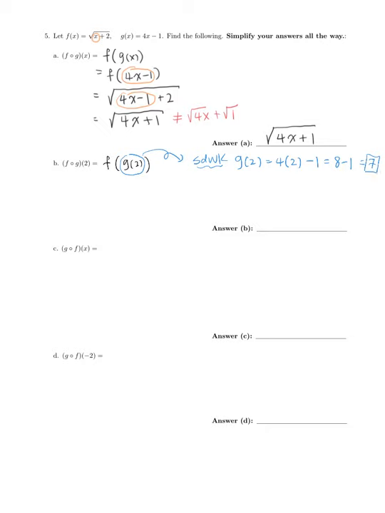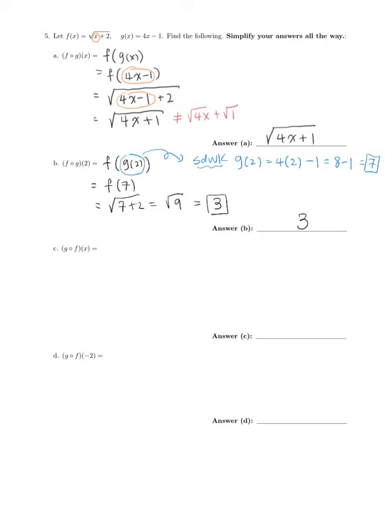So the next step, this is going to be f of 7. Now all we have to do is look at function f, which is square root of x plus 2, and then replace that x with a 7. So here you're going to have a square root of 7 plus 2, which is going to be square root of 9. You have to simplify all the way, so our answer is going to be 3. So let me just write that there.